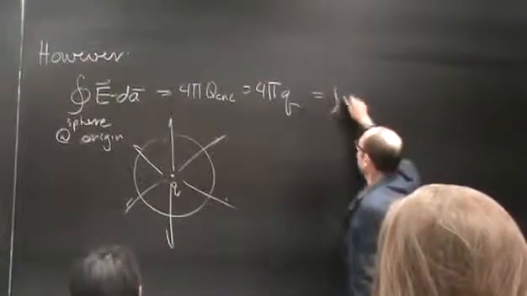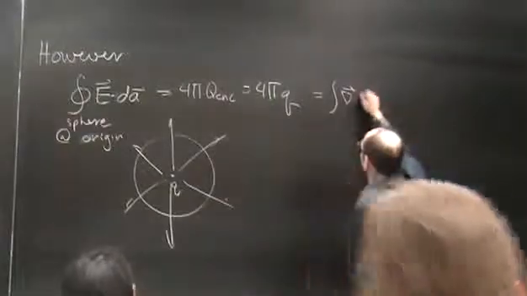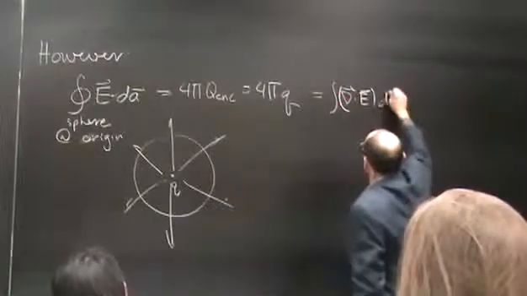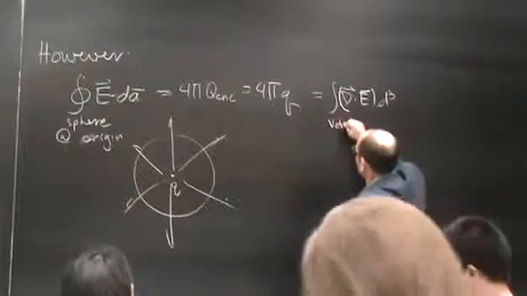And this is supposed to be equal to the integral of the divergence over the volume enclosed.